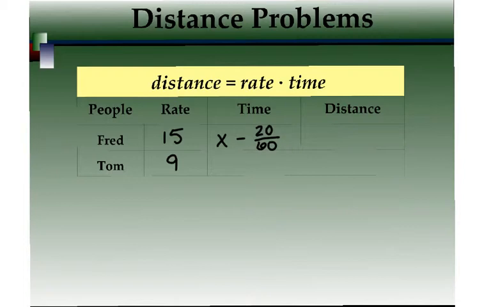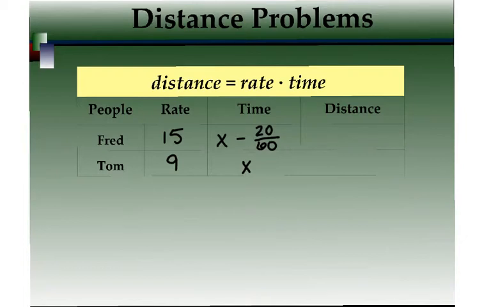I hope everybody understands that. If not, I will explain it to you more in class. And then Tom, he just arrives there, and that's what we're going to figure out. That is our x value. So Tom gets a value of time of x, and Fred gets x minus the amount that he finished before Tom.